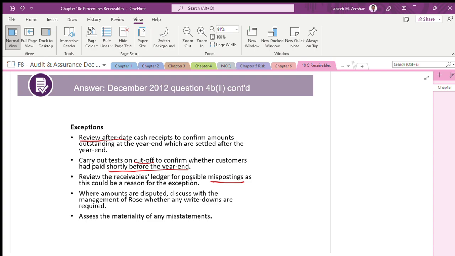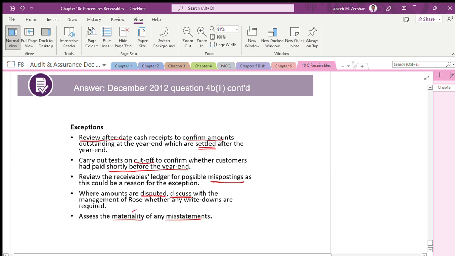Otherwise, what will happen? Provisions will increase. Review after date cash receipts to confirm that amounts outstanding at the year end have been settled. You have to see the cutoff, whether customers have paid just before year end. Check the receivable ledger for any wrong postings. Any disputed transactions, you have to discuss with the management and assess the materiality of any misstatement.